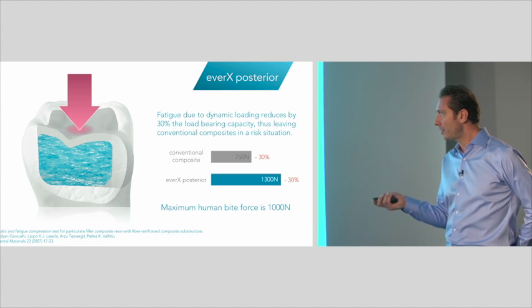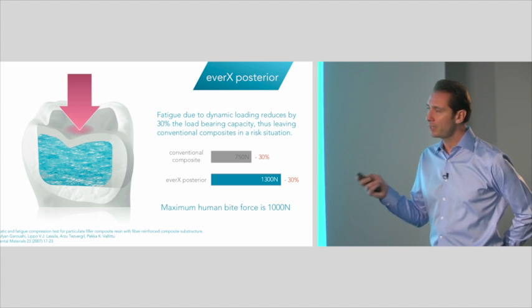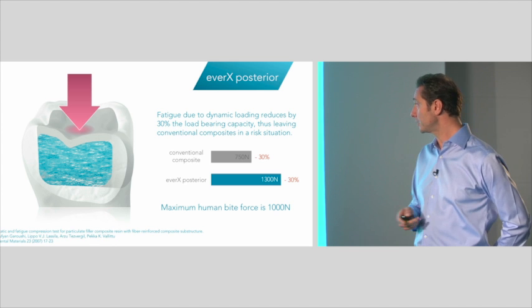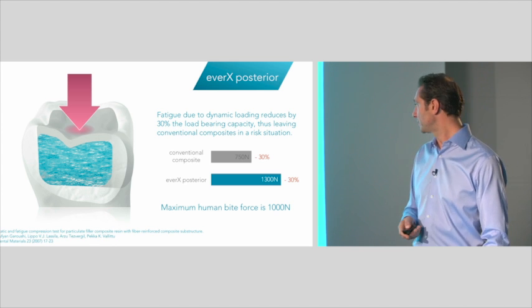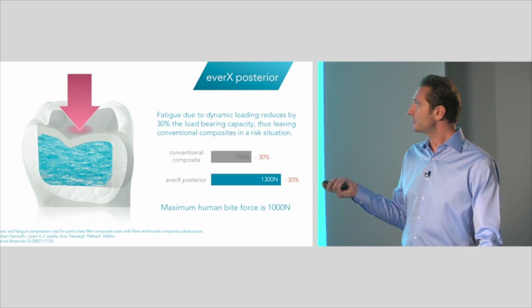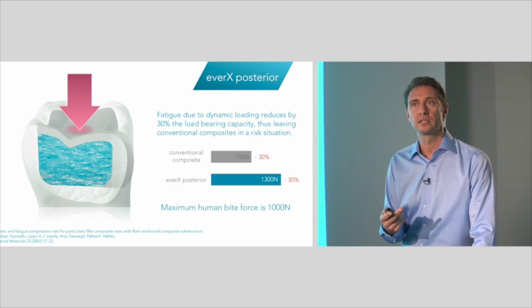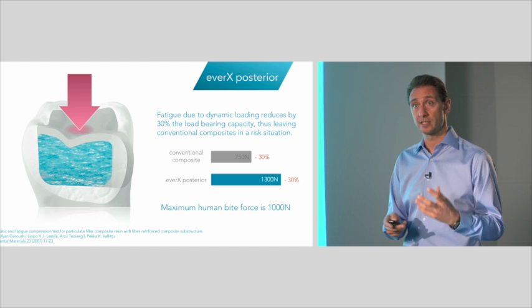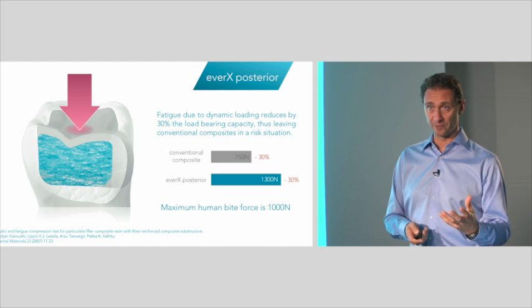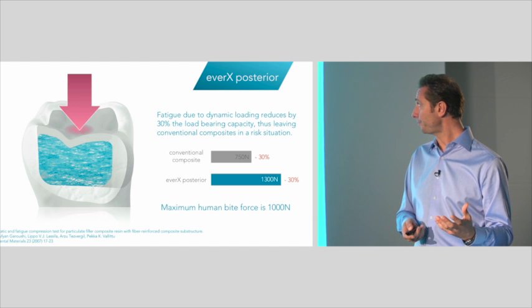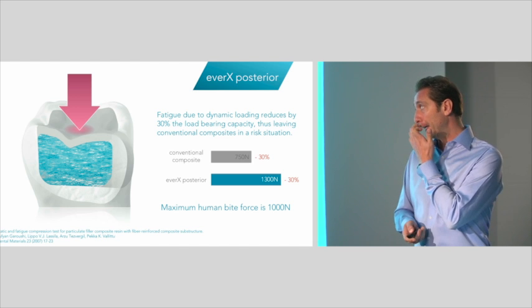With the combination Ever X posterior and a top layer of regular composite, we still stay well over the 1000 Newton limit, meaning that the complete complex has a big resistance to that biting force and to the loading.